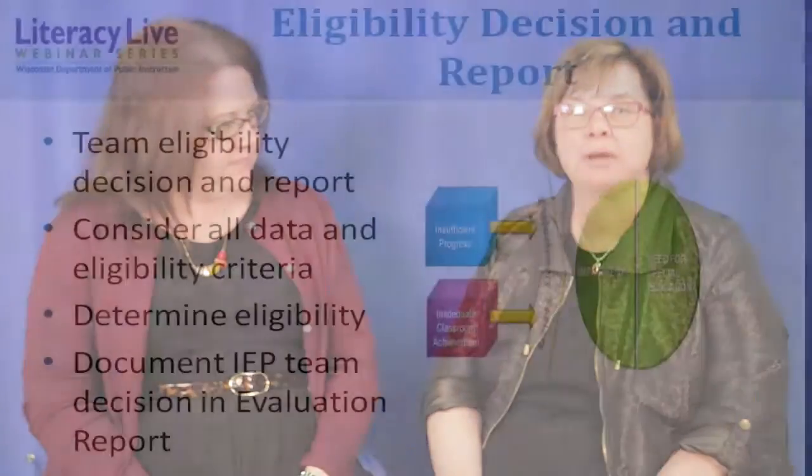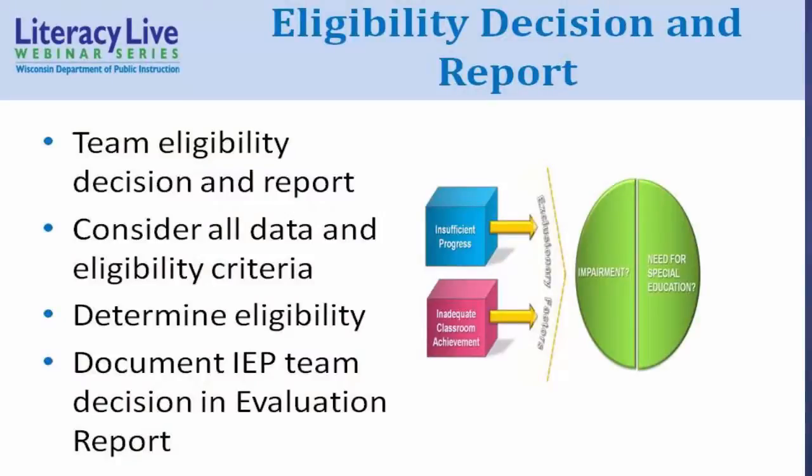So a great deal of information has been compiled, and now the IEP team is going to meet. The IEP team is made up of individuals who are knowledgeable about the child and who can present and interpret the data and other information about the student's performance and related factors and make decisions based on these data. For an initial SLD evaluation, IEP team members must include the student's parent or parents, at least one of the student's general education teachers, at least one special education teacher, an LEA representative, and so on.